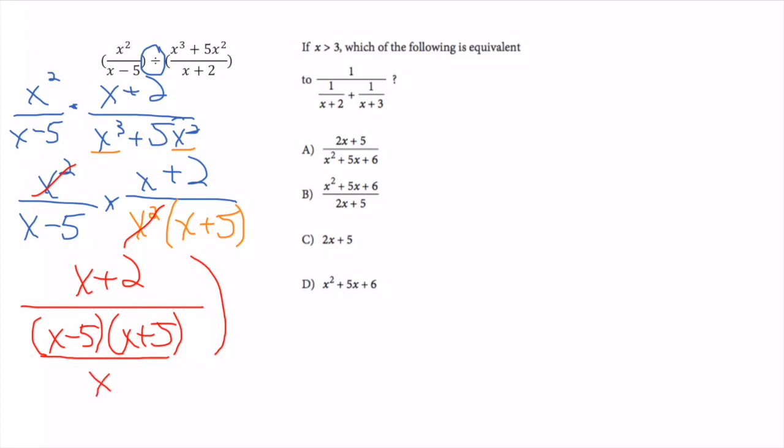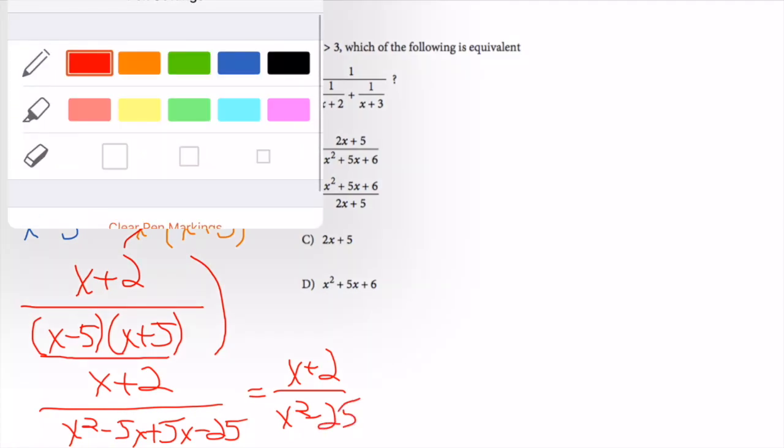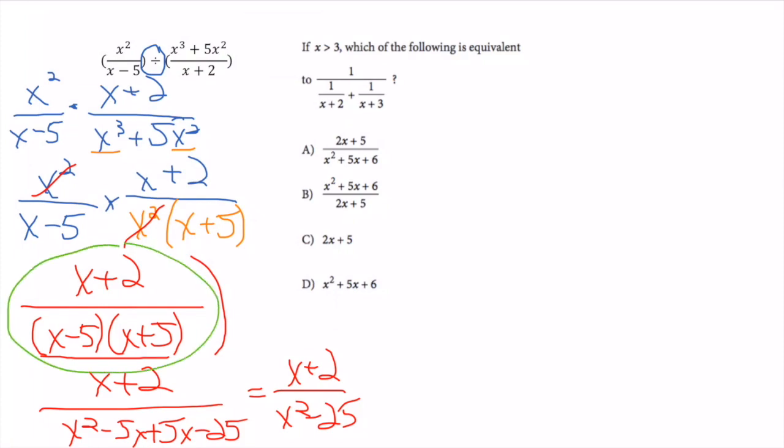If I were to do that, I would have x plus 2 over x squared, then a negative 5x and a positive 5x, minus 25. So my final answer would be x plus 2 over x squared minus 25. So your final answer may be like this, or it may end up looking like this. They just took it one step further.